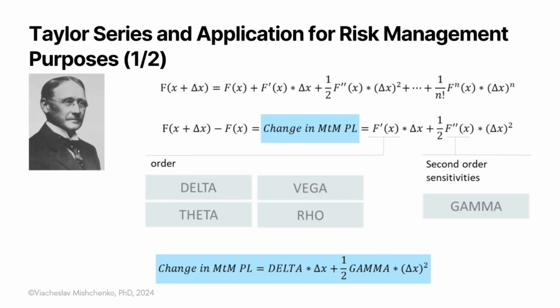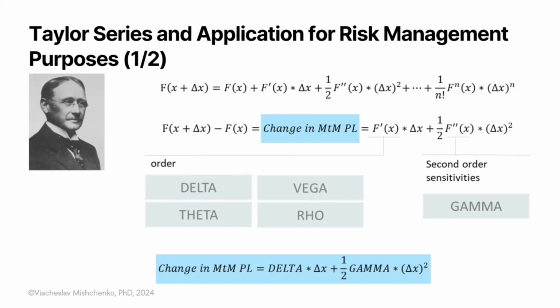If we look at the second equation here, it shows that the change in mark-to-market P&L can be approximated by the first derivative, delta, times the change in the underlying, plus half the second derivative, gamma, times the square of the change.